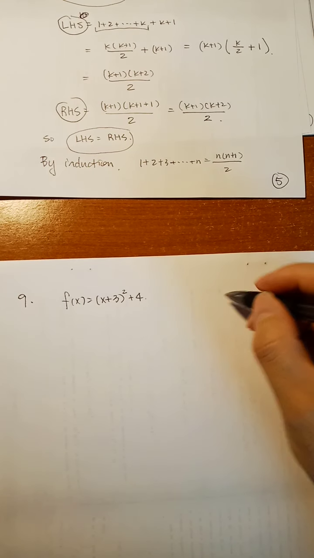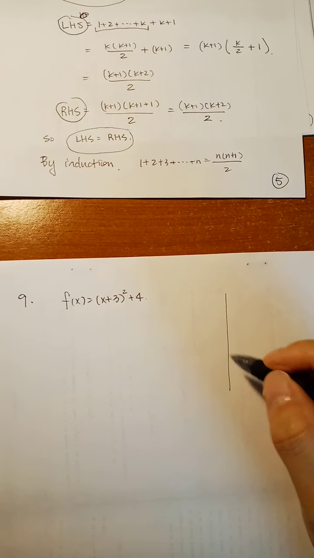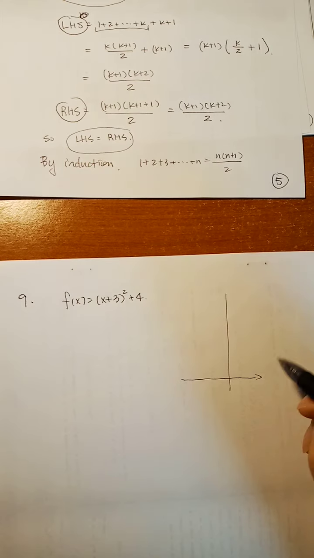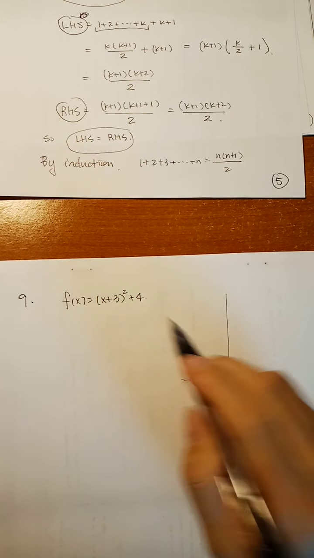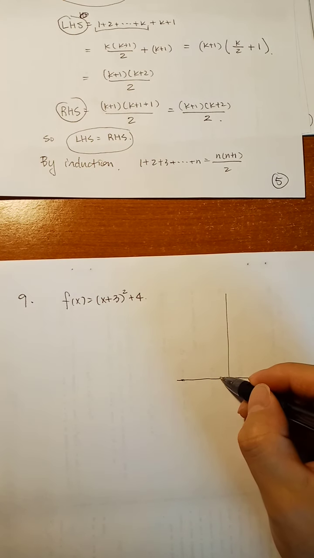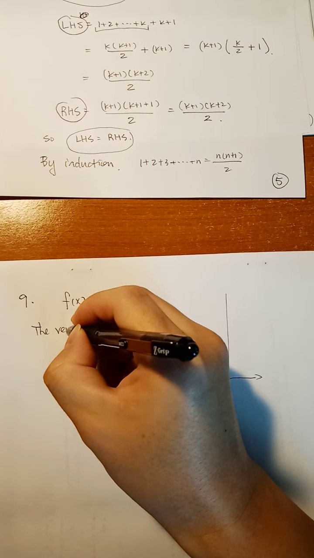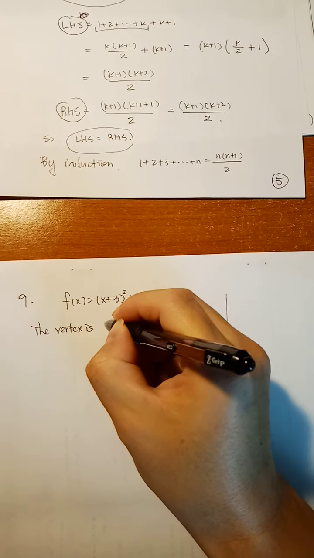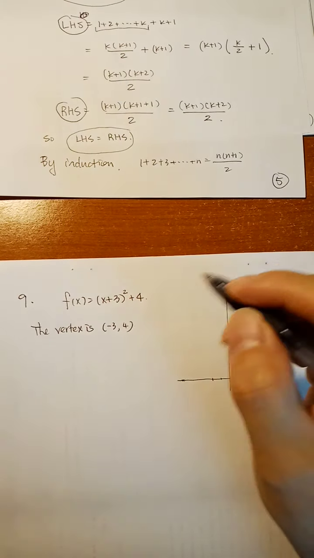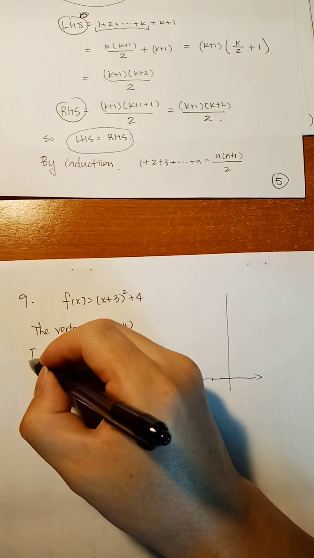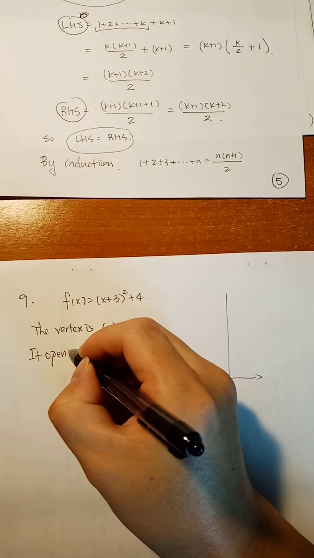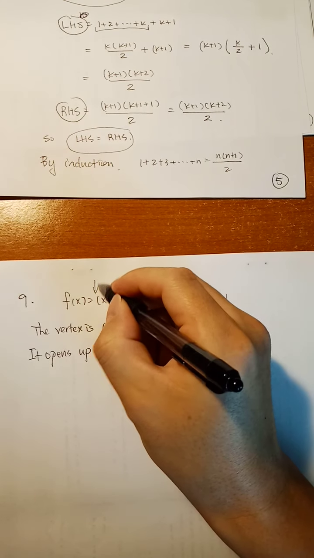Okay, so first let's try to sketch it. So what is the vertex? From this formula, you know that the vertex is (-3, 4), and it opens up because the coefficient is positive.